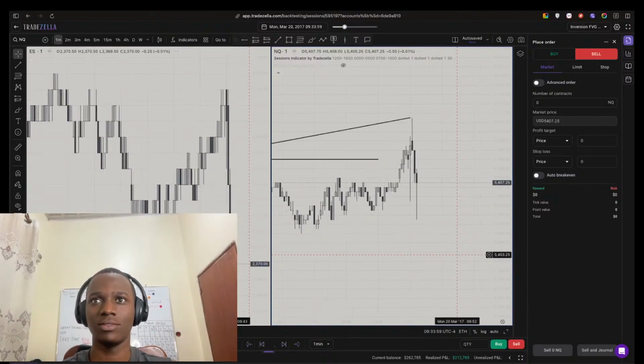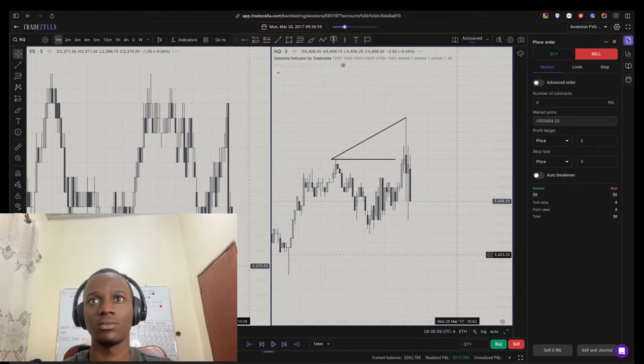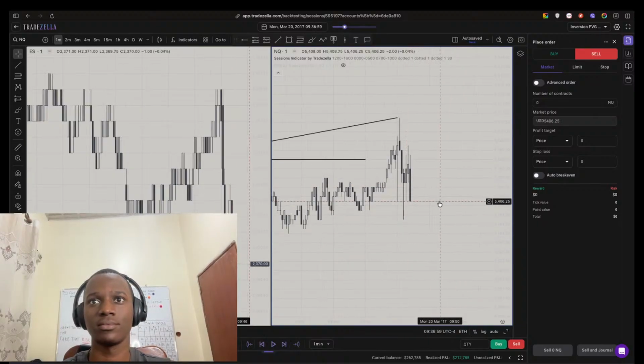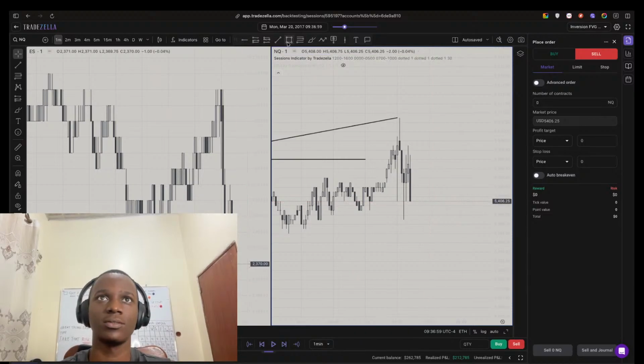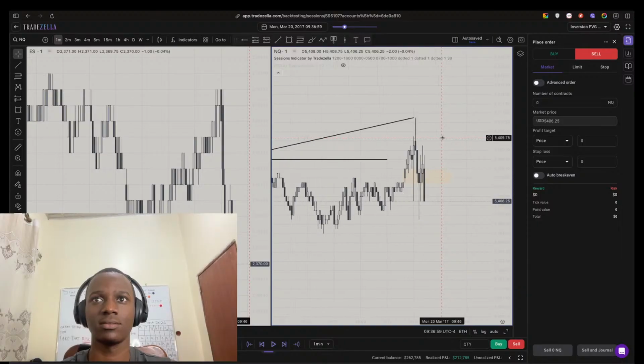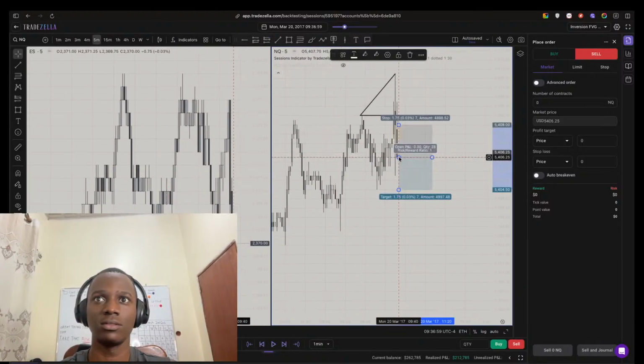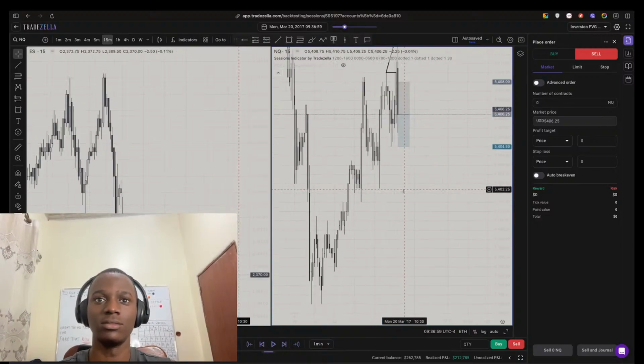Wait, where is the inversion though? Like the 2 minute. So we had these gaps here at least. Let's see where the London lows are at.